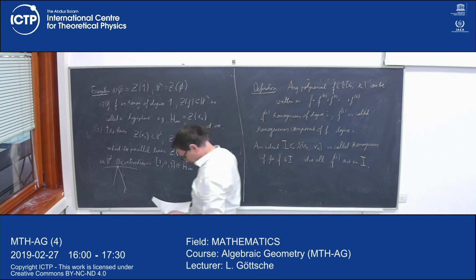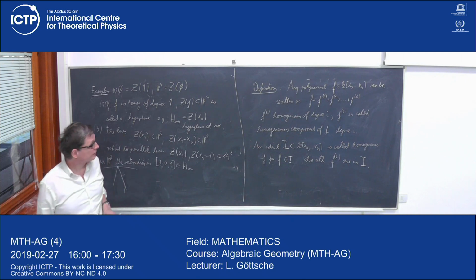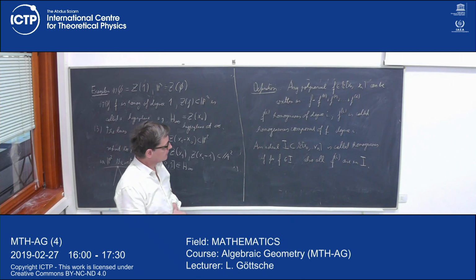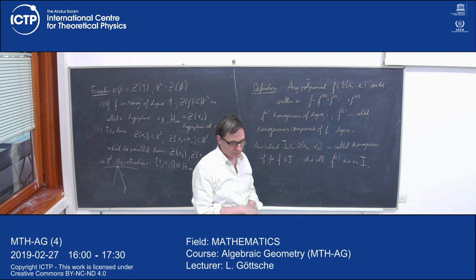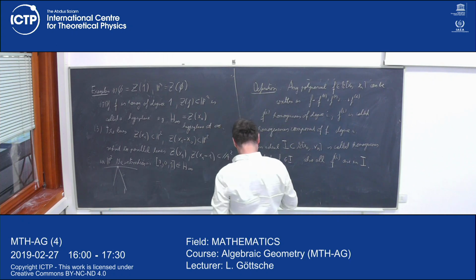Okay, that's a slightly strange definition. It's somehow comforting to see that you can define this in a different way, which might be slightly more natural. Namely, the claim is that it's equivalent to saying that it's generated by homogeneous polynomials. So, a small proposition, small remark.